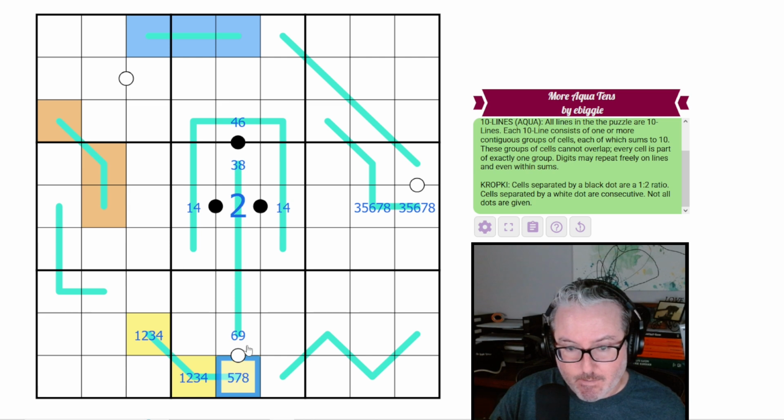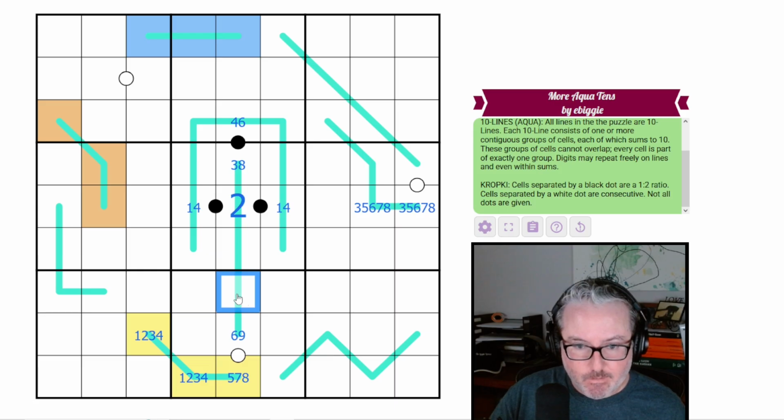If this is a 7, this is 6. We said this would be a 3 and a 1. Because the 7, 6 forces this to be an 8, 2, so we have to make these add up to 4.